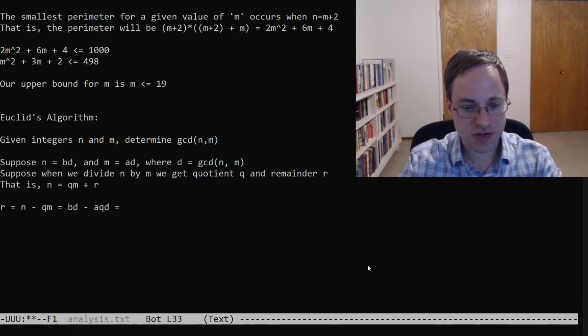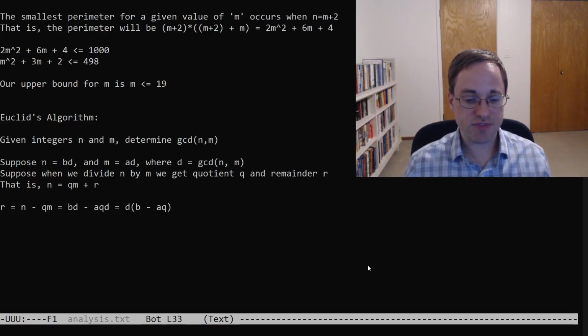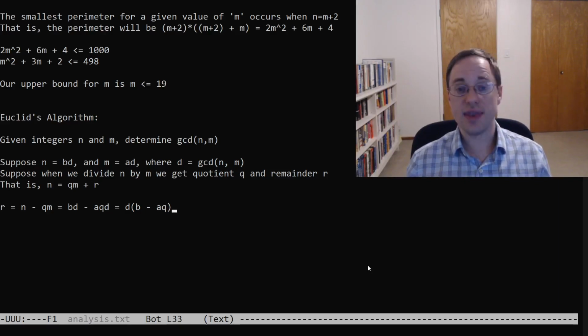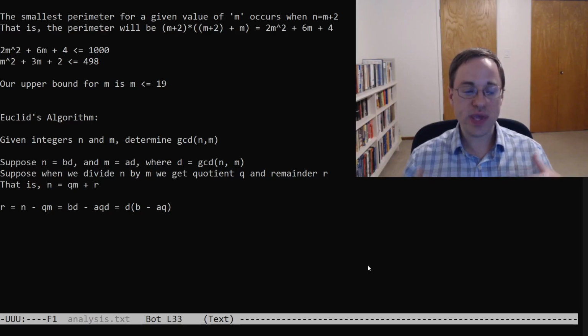And then we can factor out d to get d times (b minus aq). And so in particular, we see that if d divides both n and m, it also divides r. But r is a smaller integer than either n or m. And so we can repeat this procedure, getting smaller and smaller values until we find our value, the greatest common divisor, which divides every integer in the sequence.